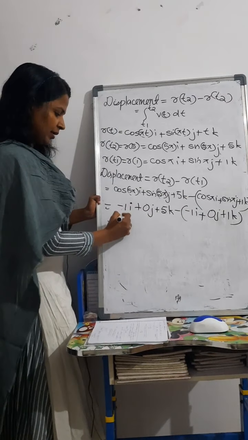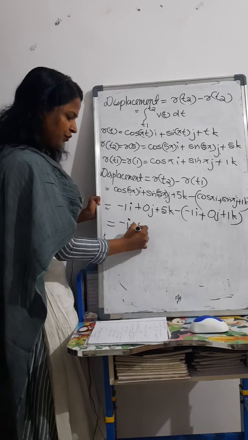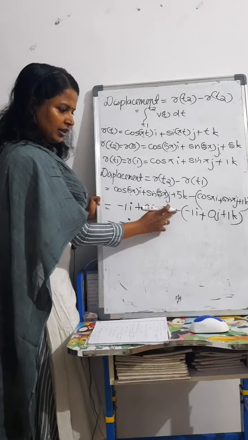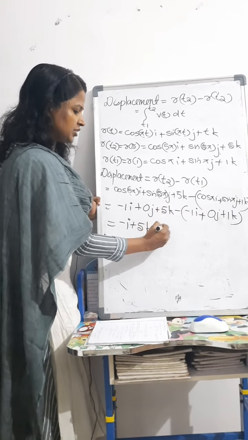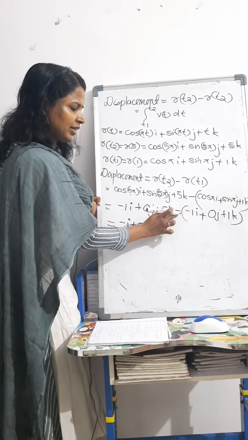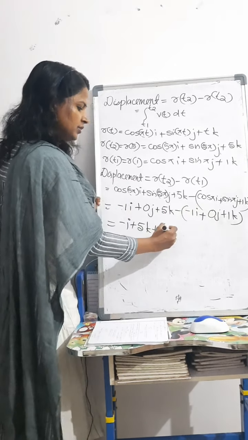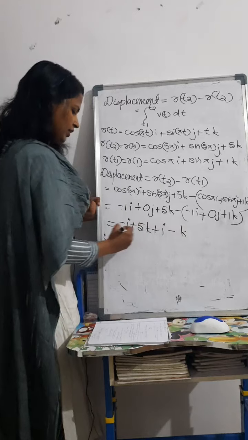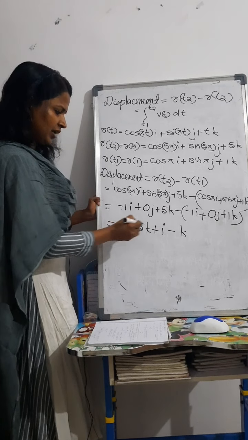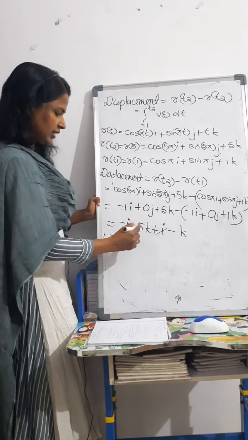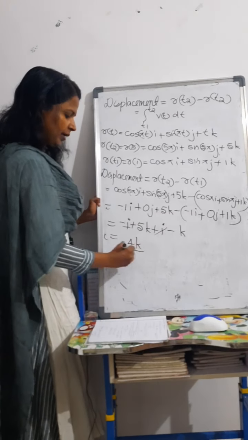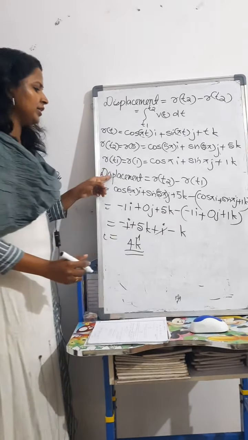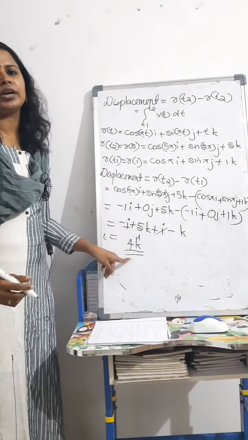That is minus i plus 5k, then minus open the bracket, positive i, then minus plus, so minus k. That is equal to minus i, positive i cancelled, and 5k minus k is 4k.